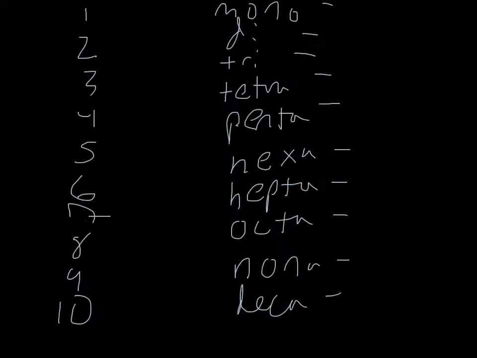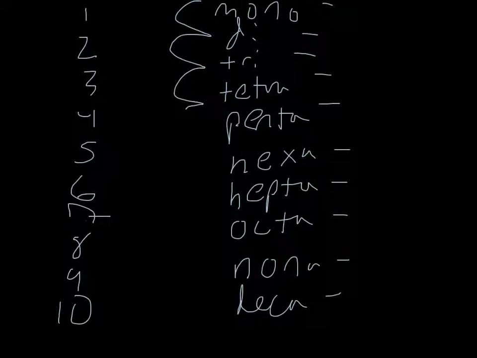So here, just a brief slide. These are the prefixes used for hydrates. So there's one hydrate, it's a monohydrate, two dihydrate, three trihydrate, and so on. Prefixes are also very important in the nomenclature, and some of them use different things.